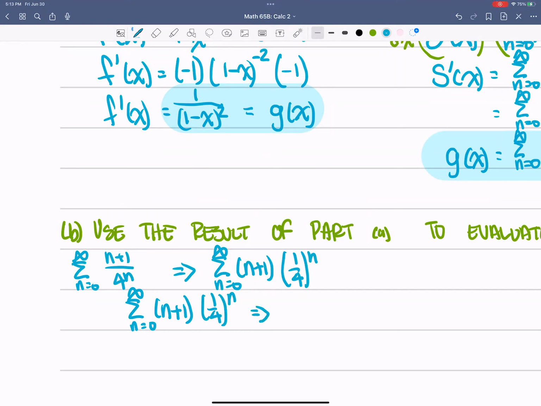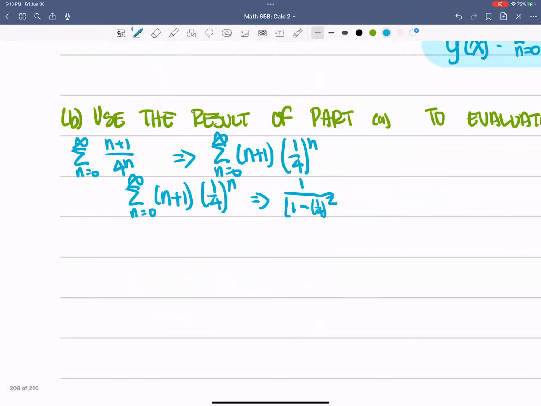We could equate this to 1 over 1 minus x squared, and in this case, x is 1 over 4. Oh, we could actually find a full value here. So that's 1 over 3 over 4 squared, which is equal to 16 over 9, just multiplying by the reciprocal. Let me lower this a little bit. And there we go. That's our infinite sum there.